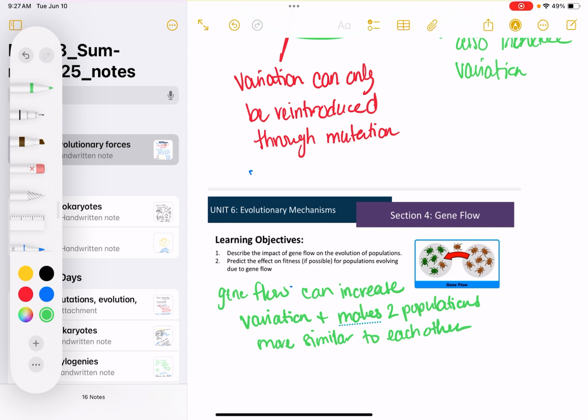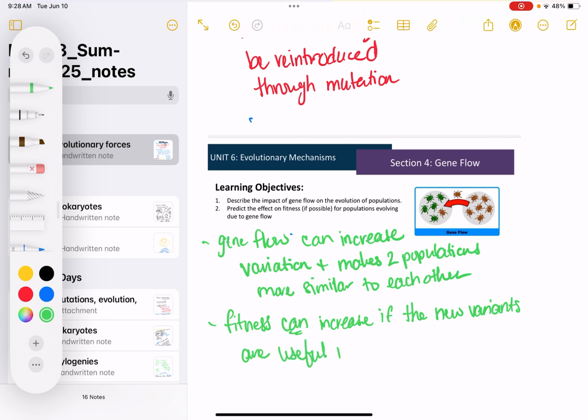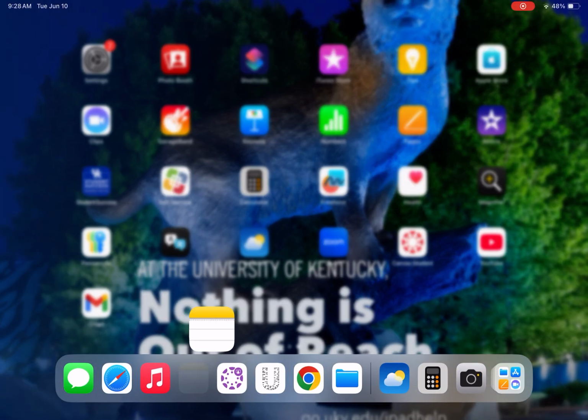Predicting the effect of fitness, if possible, on mutations. So this one's kind of a tricky one. Fitness can increase if the new variants are selected for or are useful in the new population. You can think of it this way.